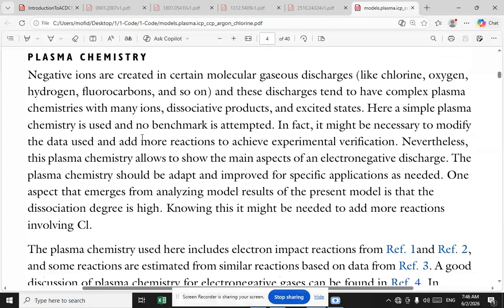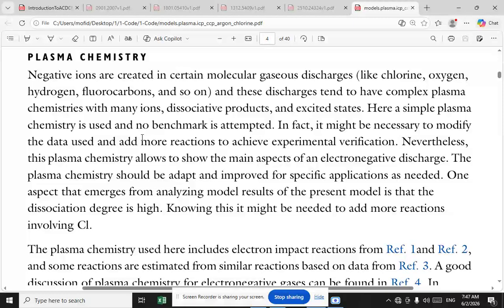Now I want to go through the plasma chemistry. Negative ions are created in certain molecular gas discharges like chlorine, oxygen, hydrogen, fluorocarbons, and so on. These discharges tend to have complex plasma chemistries with many ions, dissociated products, and excited states. Here, a simple plasma chemistry is used and no benchmark is attempted.